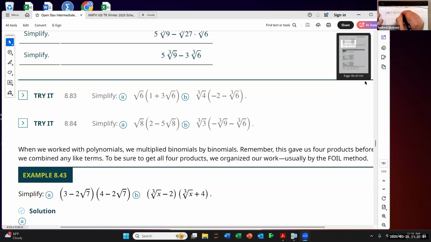This is going to give us 2 times the square root of 8 minus 5 times the square root of 8. But that's going to be squared. Square root of 8 times square root of 8.